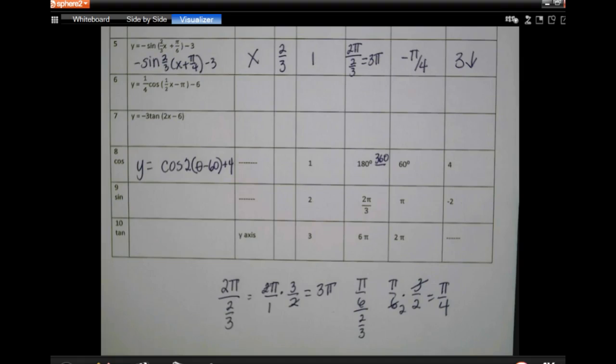What do you do there? What's it supposed to be? What did you do there? What did you divide by? Okay, you're almost right and I'll show you what you did wrong.